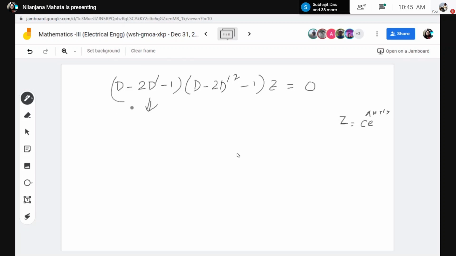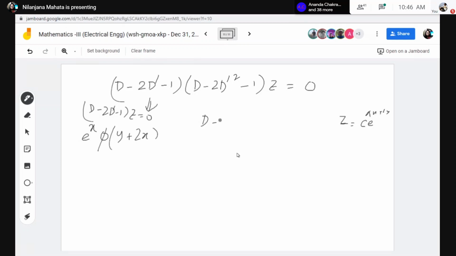So for this part, what will be your solution? This is 1, so it will be e to the power x, phi 1 of y plus x, and this is 1 minus 2, that means the complementary solution for this part, that is solving D minus 2D dash minus 1 z is equal to 0. Summing this part and the other part, you will get the complementary function of the original differential equation.